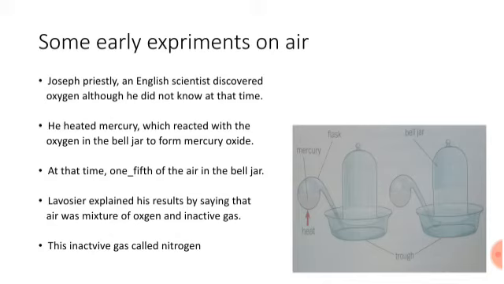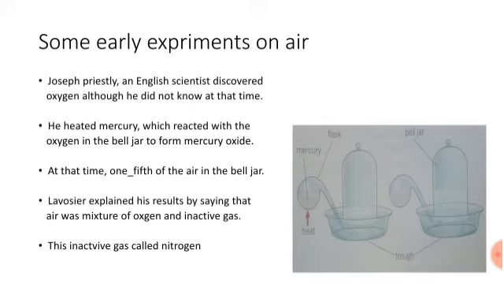When we heated the mercury present in the bell jar, it reacted with oxygen to form mercury oxide. At the same time, 1/5 of the air in the jar was used up. Mercury reacted with the oxygen present in the jar.